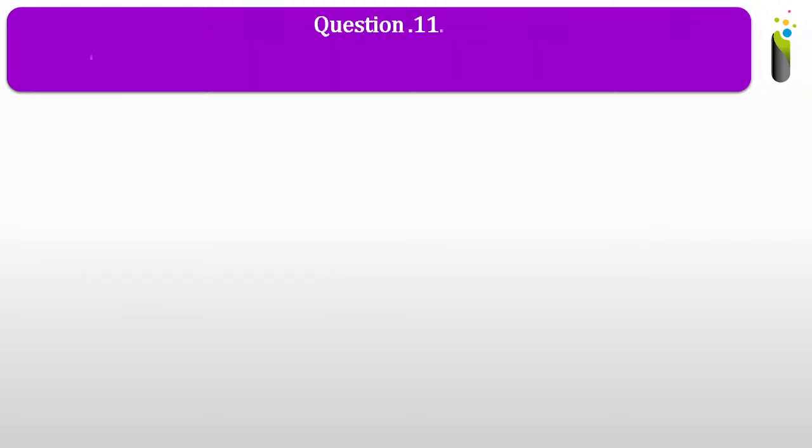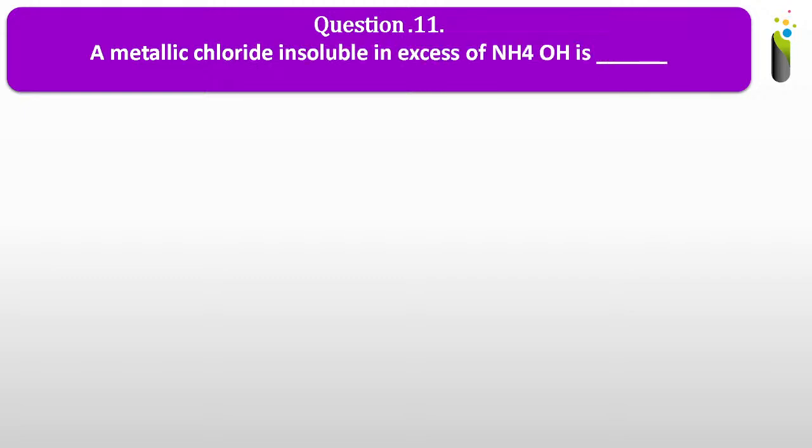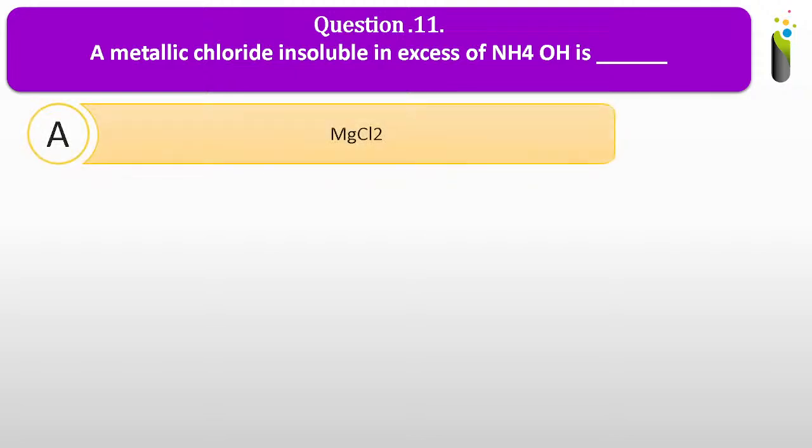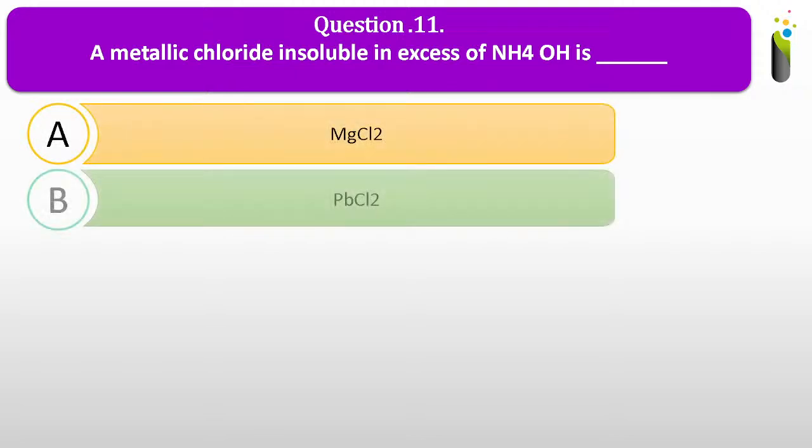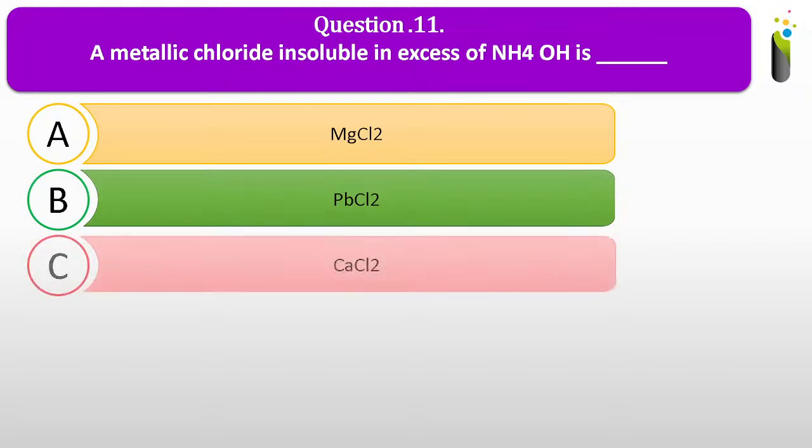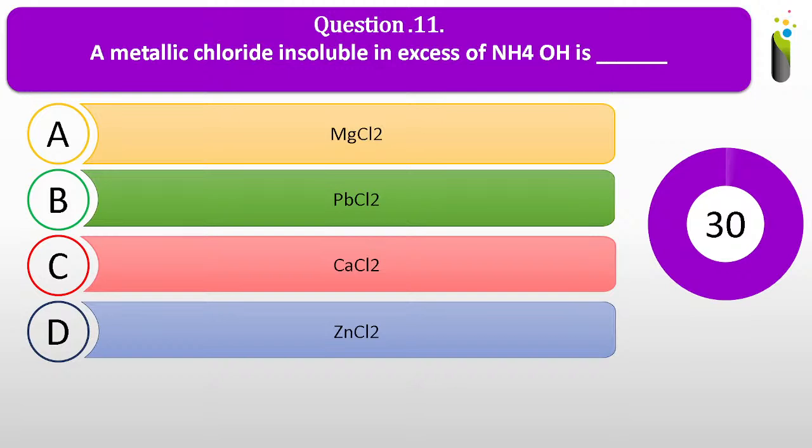Going ahead with question number 11. A metallic chloride insoluble in excess of NH4OH is dash. A. MgCl2. B. PbCl2. C. CaCl2. D. ZnCl2. So a metallic chloride insoluble in excess of NH4OH is dash.